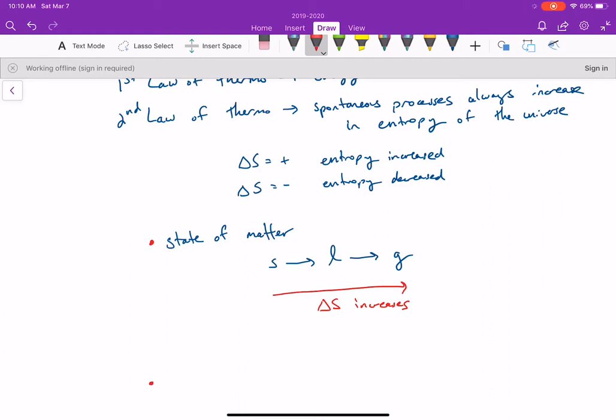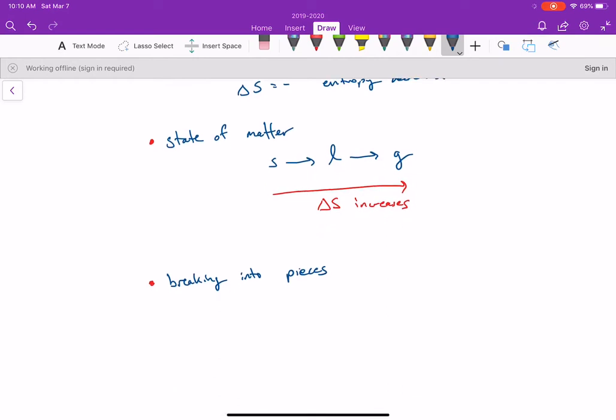Okay, the second thing that can play a role is breaking into pieces. Okay, so more pieces equals more entropy or randomness. Okay, so more pieces, delta S also would increase.